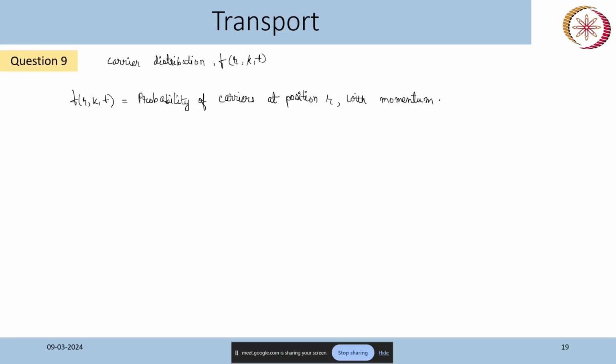So for electrons we use this function as the Fermi-Dirac distribution function.